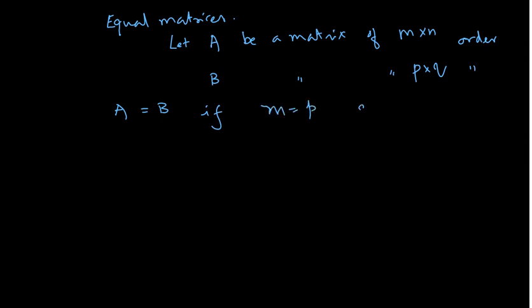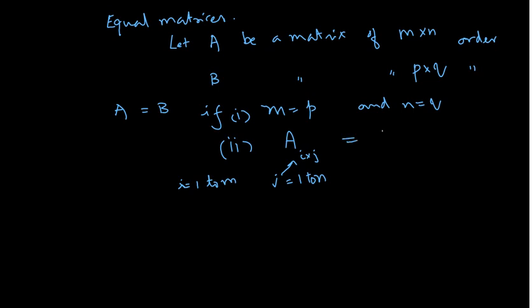That's the first condition. Then the second condition is you pick up any element Aij, where i goes from 1 to m and j goes from 1 to n, that means 1, 2, 3, 4, 5, 6 up to m, like that. It is equal to Bij, where i goes from 1 to p and j goes from 1 to q. I will explain this part with an example.